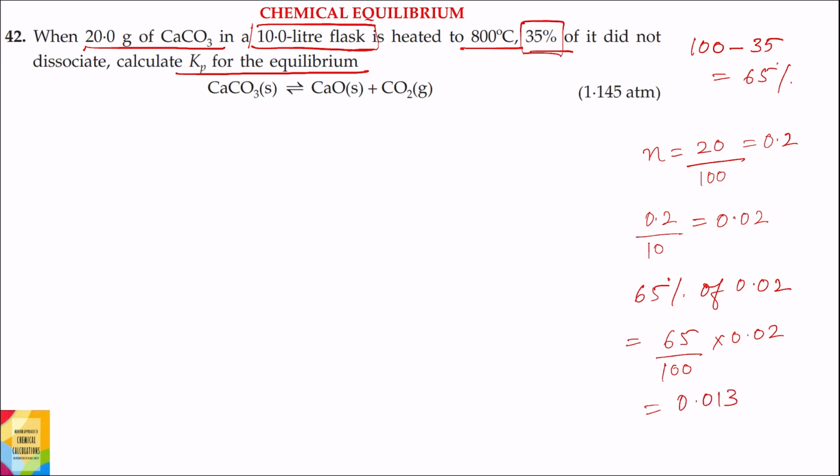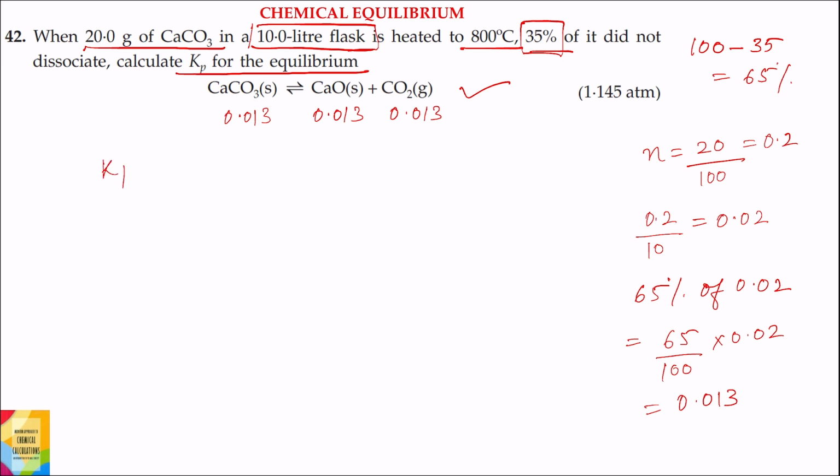So this is the amount of calcium carbonate that is dissociated. Now 1 mole of calcium carbonate dissociates to give 1 mole of calcium oxide and 1 mole of carbon dioxide, as can be seen from this balanced equation. So 0.013 moles of calcium carbonate will dissociate to give 0.013 moles of calcium oxide and 0.013 moles of carbon dioxide.